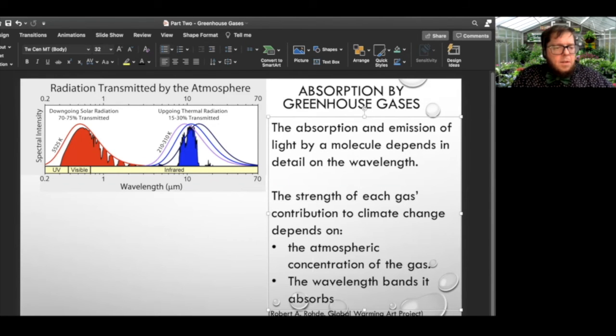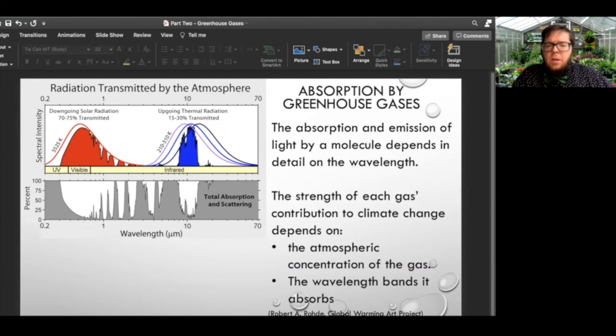Okay. And so we can put this all together and look at how much of the light is going to get absorbed and re-emitted or scattered by the atmosphere.